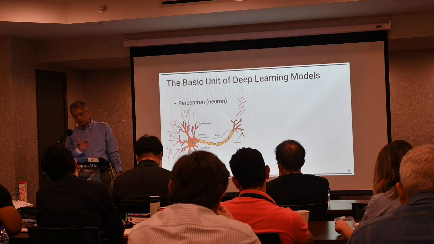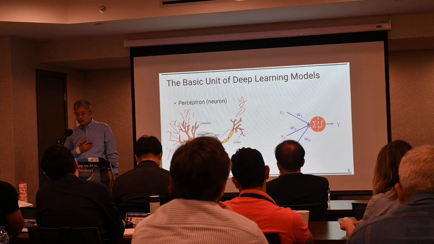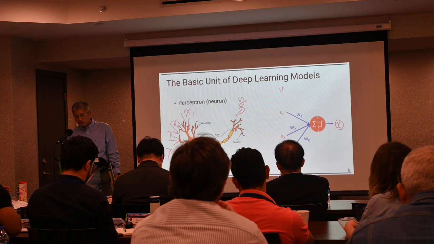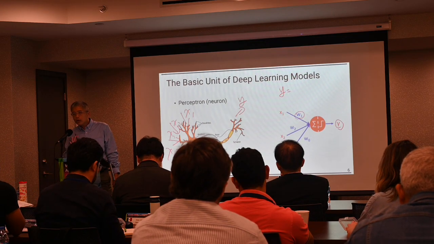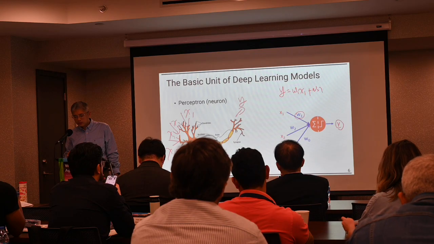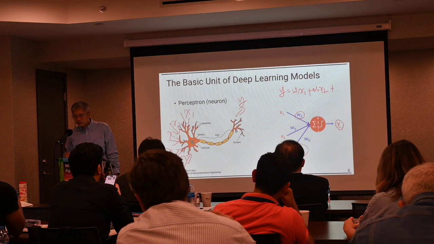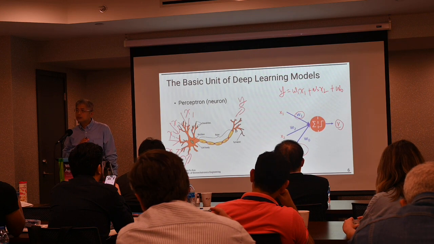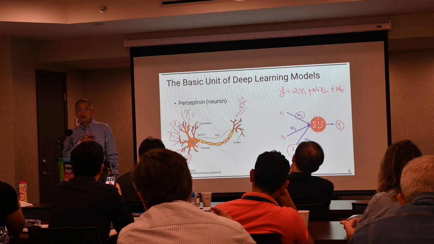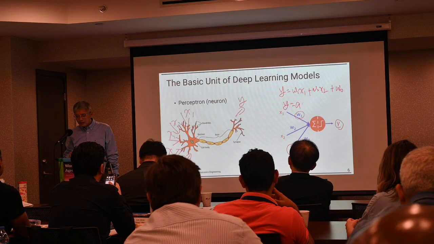Then humans tried to mimic this process, so we developed a model like this. For each neuron, we have output y over here, and there is one weight for each input. We have w1 x1 plus w2 x2, and also a term called bias, or we call it intercept. Does this equation look familiar to you, like high school linear algebra, y equals ax plus b?